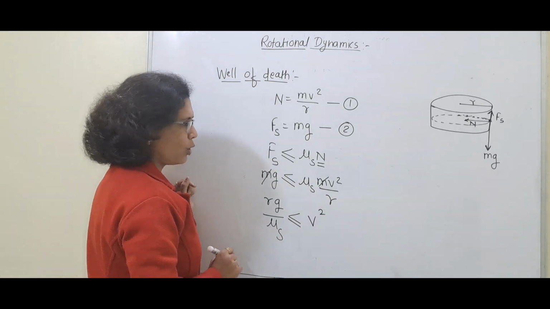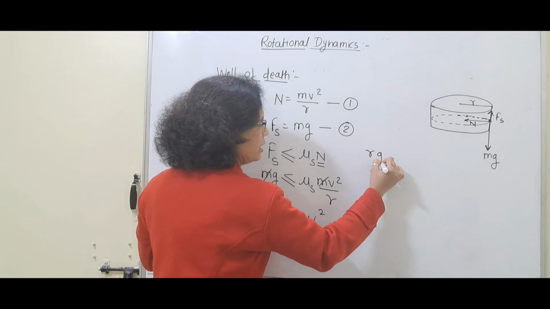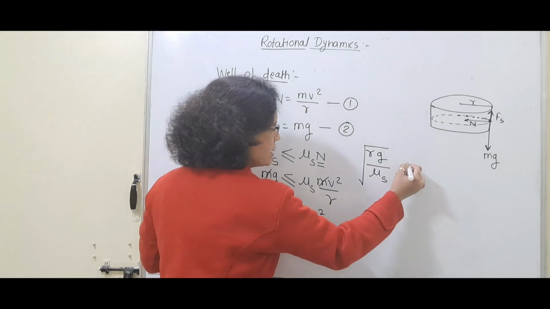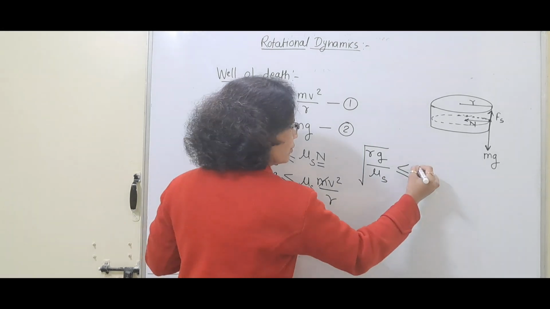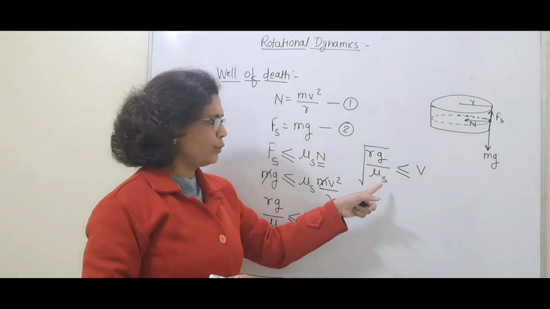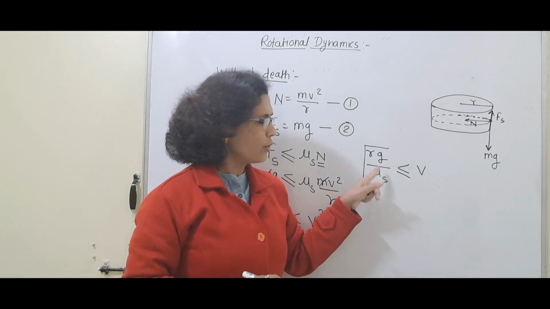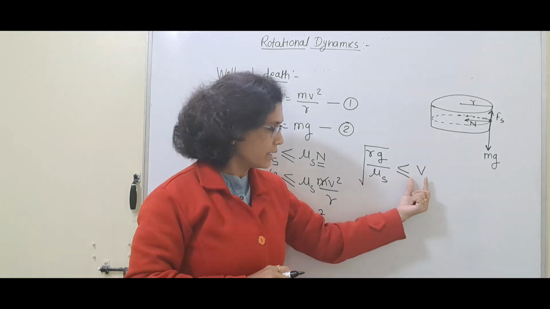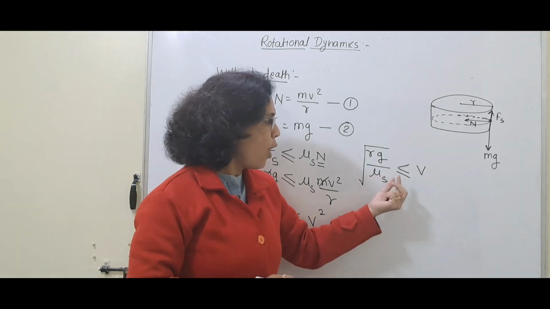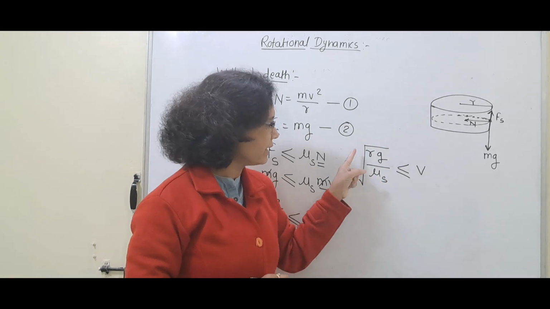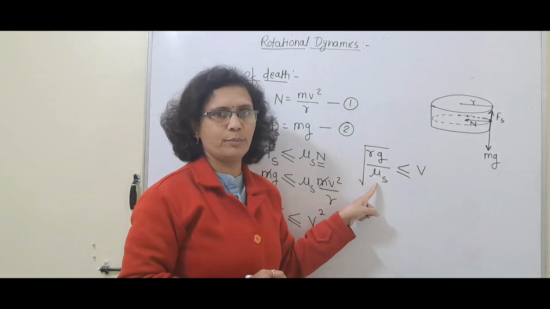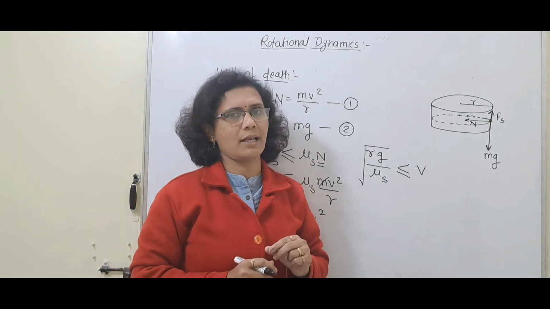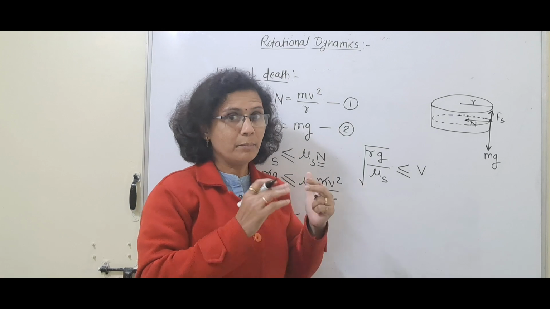If I take the square root of both sides, square root of rg upon mu s is less than or equal to v. If you observe this equation, you can understand that v must be equal to or greater than the square root of rg upon mu s. This means this is the minimum speed required by the motorcyclist to make this stunt. Minimum speed.